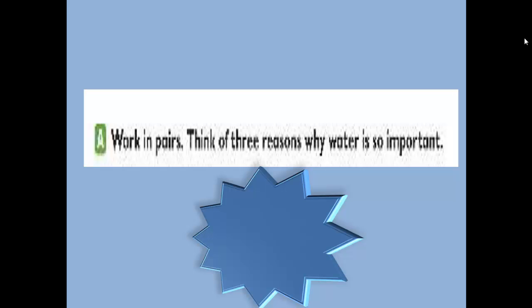As you all know, water is so important in our lives. So what are these reasons behind this importance? Yes, we can say, for example, we drink water, so it's important to be alive. We wash things using it. Trees and plants, animals and human beings, all of these creatures need water to be alive.